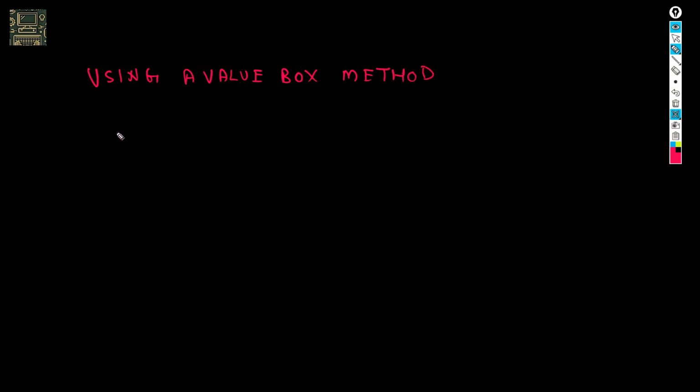Let us say that I have to represent minus 12, which is in decimal, and I want to find out what is the equivalent number in 2's complement in binary. We can use the value box method like this.